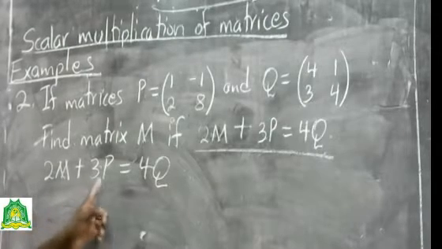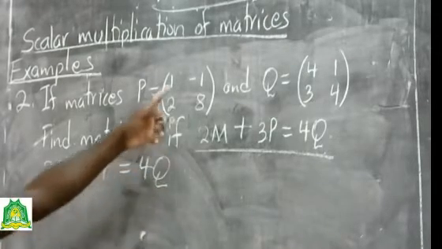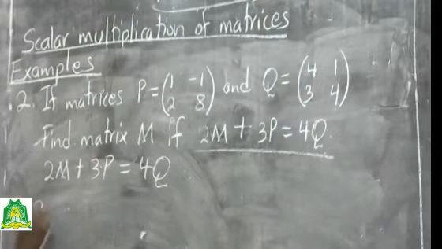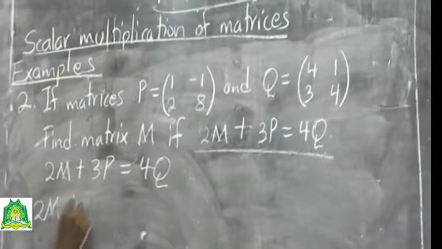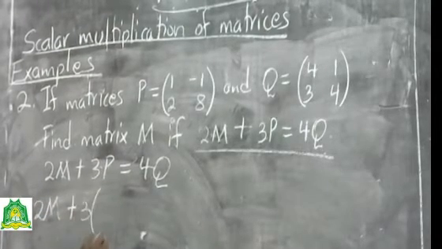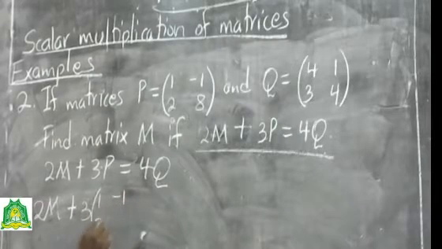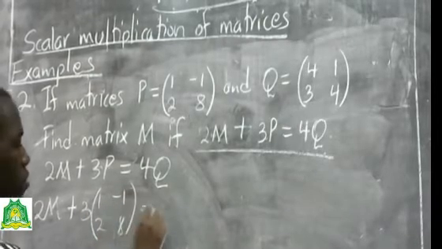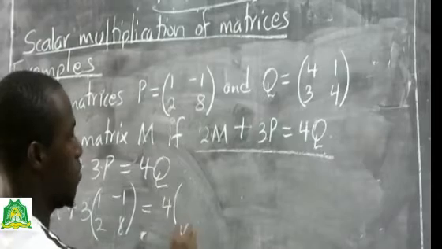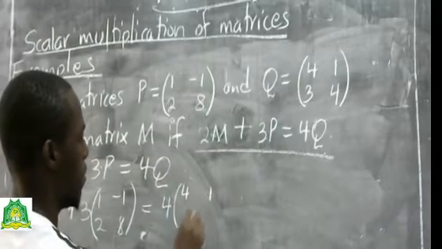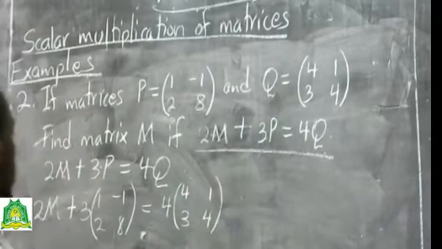Then I'm going to substitute these matrices that I know, which are given in the question. This is 2M plus 3 times matrix P, which is 1, negative 1, 2, 8, is equal to 4 into matrix Q, 4, 1, 3, 4.